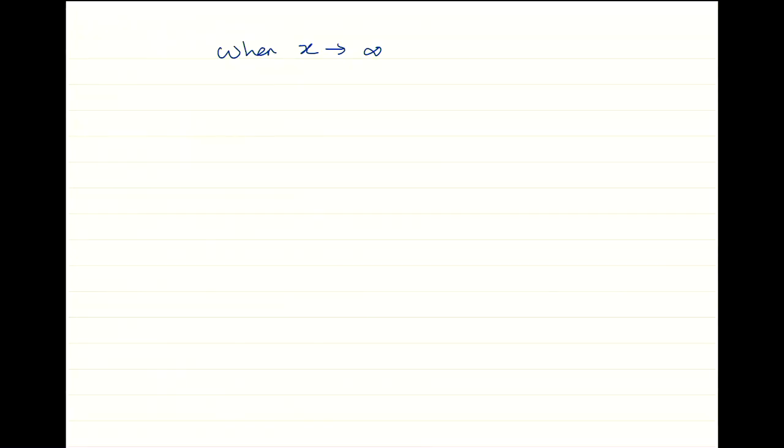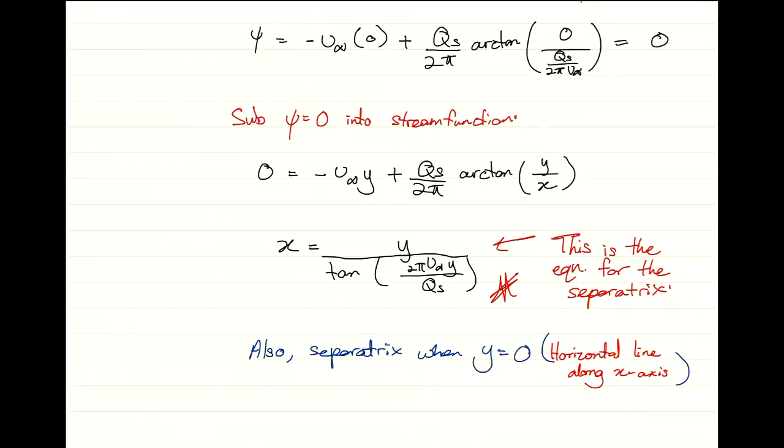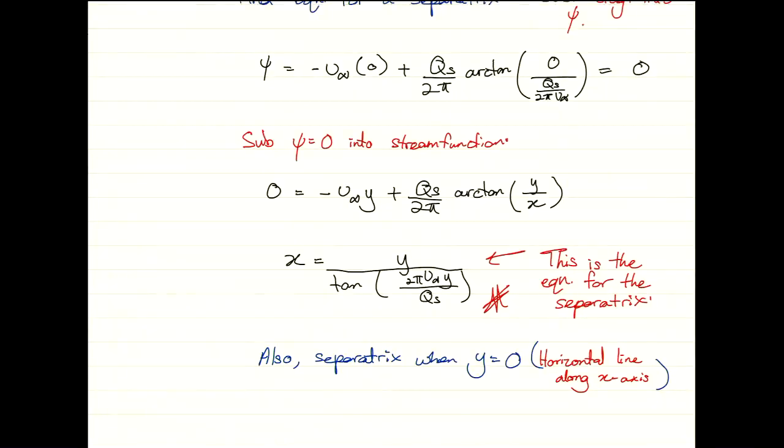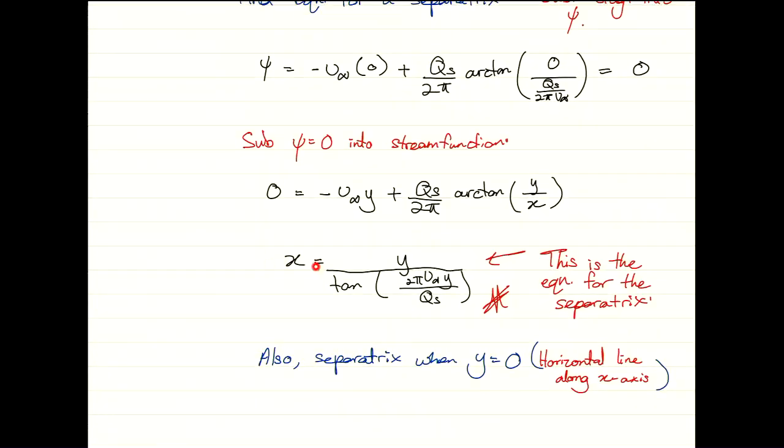So when x goes to infinity, the tangent of 2 pi u infinity y divided by qs, what must that approach? Okay, so we want this when x approaches negative infinity. Sorry, it's negative infinity, by the way, not infinity.